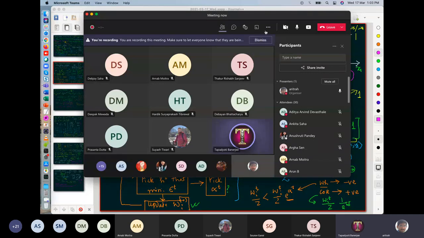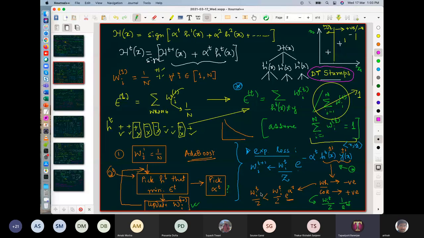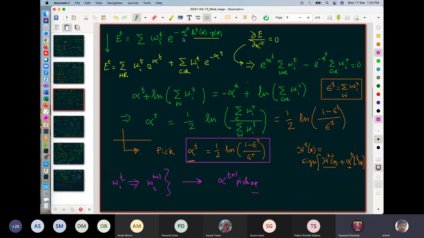Yes, sir. Sir, one thing: if we assume 2 instead of e and go on, then would it take longer time to converge? No. Instead of ln, you will use a log with base 2. Until and unless you are in the logarithmic boundary, your convergence is very fast.